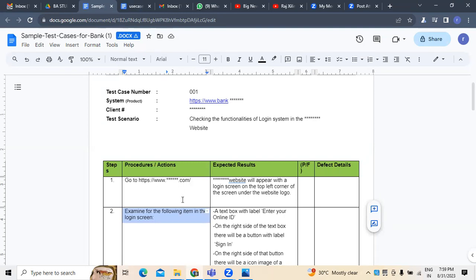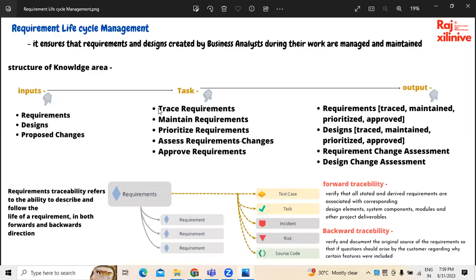Right? Now, generally this use case as well as test case must have a similarity. That is what we call tracing of requirements. Tracing of requirements means the use case followed by the test case, both have to be the same. Whenever a particular functionality is completed, both the use case and the test case have to be the same. Only then do we consider that functionality or project as successfully completed.